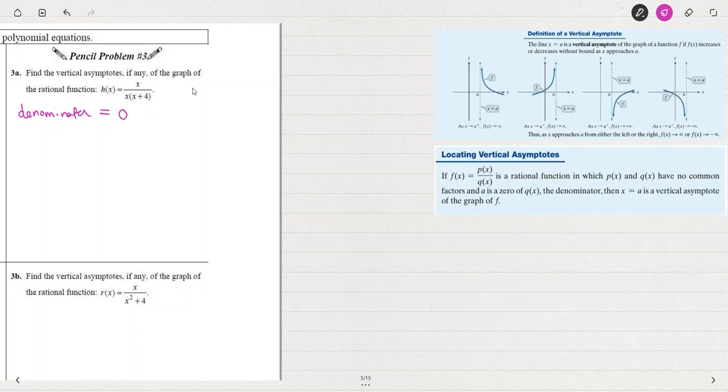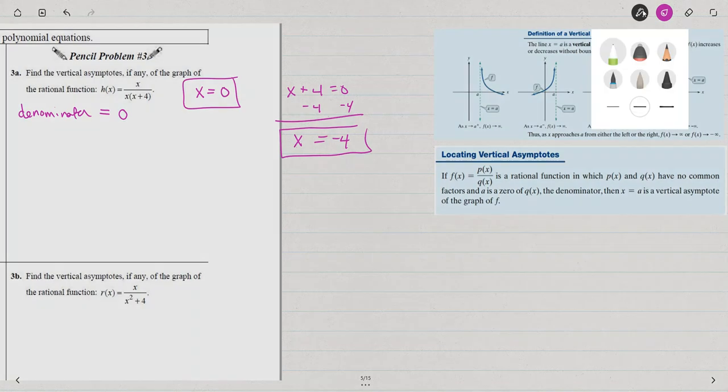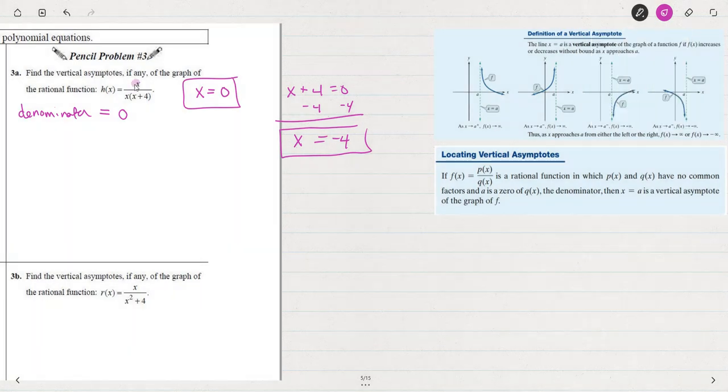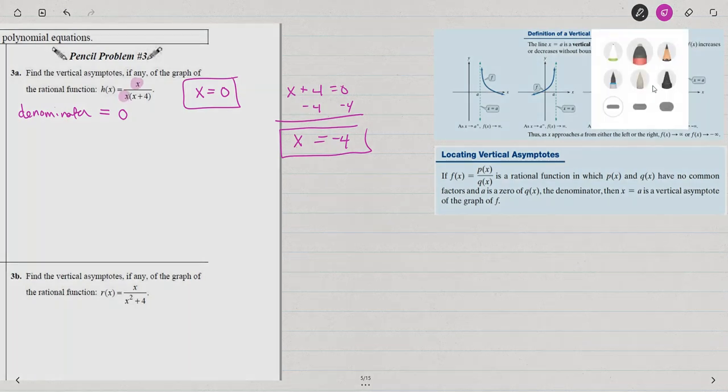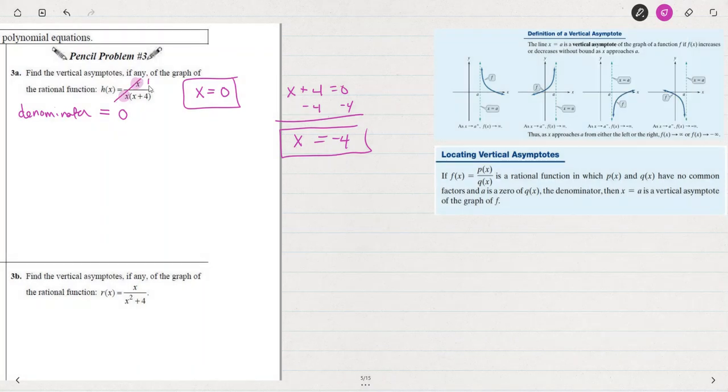So my first instinct might be to say that there's vertical asymptotes when x equals 0, or when x plus 4 equals 0, which is when x equals negative 4. But that's not quite accurate for vertical asymptotes, because do you see that I could reduce this x over x? If I reduce x over x, because x divided by x is 1, then I could rule out this asymptote.